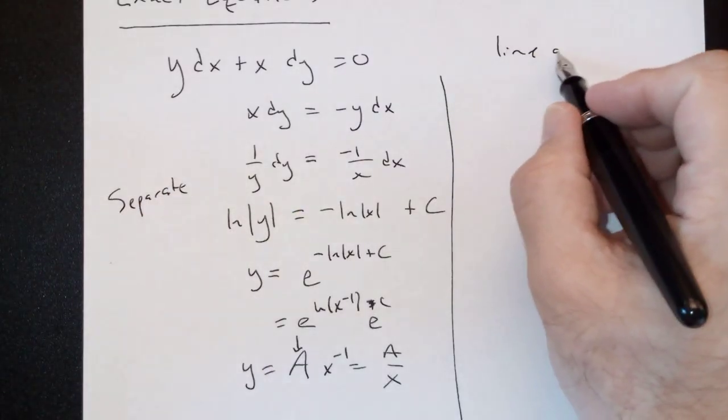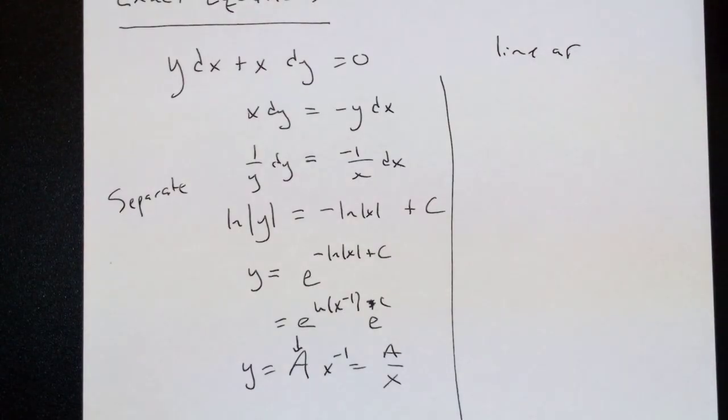It's also linear. How do I do it that way? I need a little more than dy by itself.